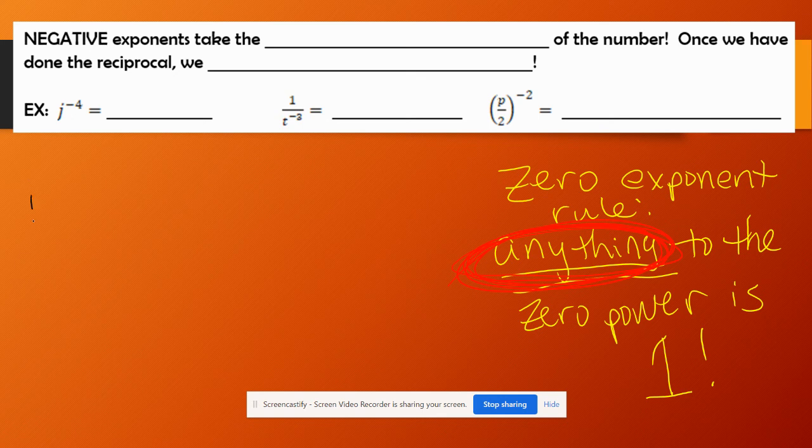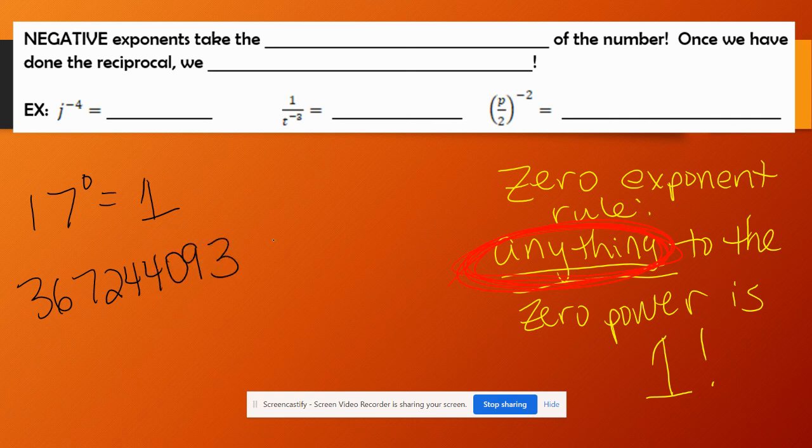So if I have 17 to the 0 power, that's 1. If I have 3, 6, 7, 2, 4, 4, 0, 9, 3, 5, 5, 1, 2 to the 0 power, that answer is 1.